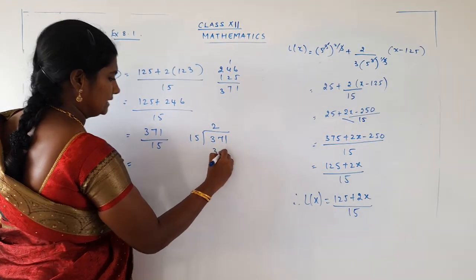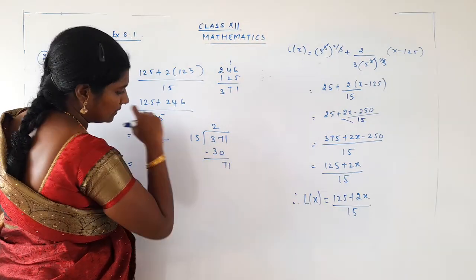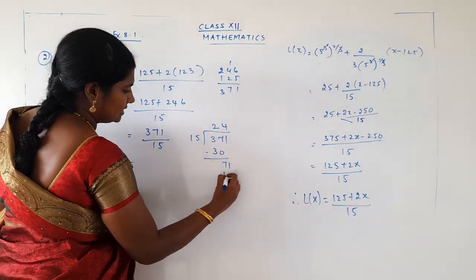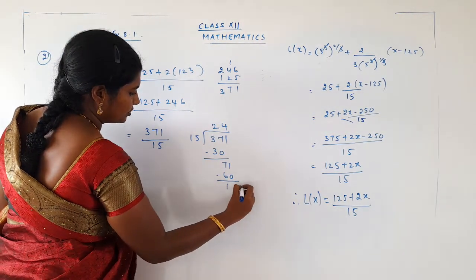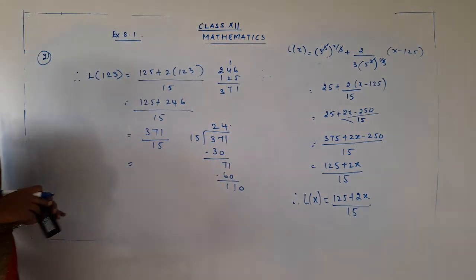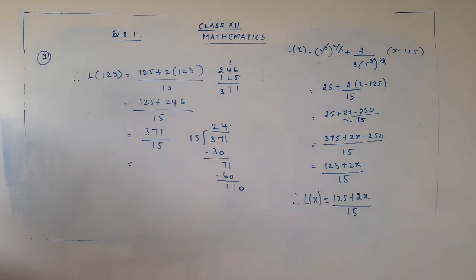15 2s are 30, 15 4s are 60, closest to 110. 15 7s are 105.